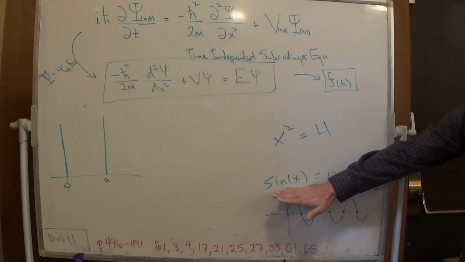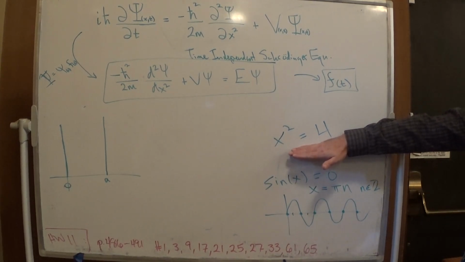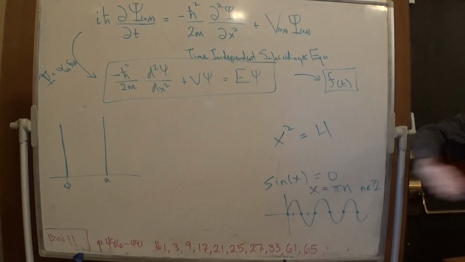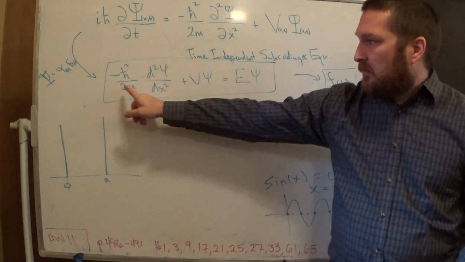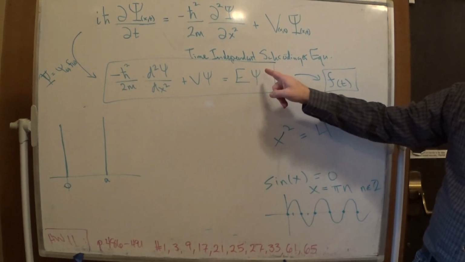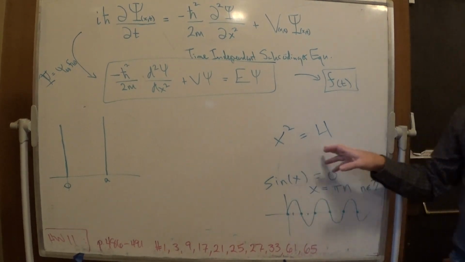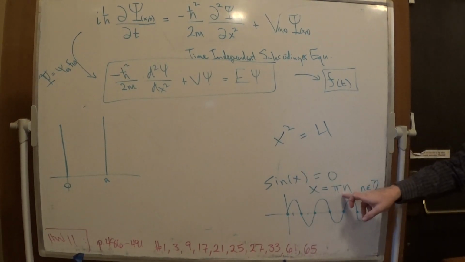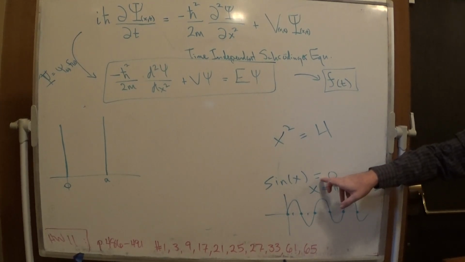So we've seen an example of an equation that has multiple solutions. We've seen an example of an equation that has infinitely many solutions. And it turns out that for this equation, there are infinitely many functions that satisfy this. See, it used to be that there are infinitely many numbers that satisfy this equation.